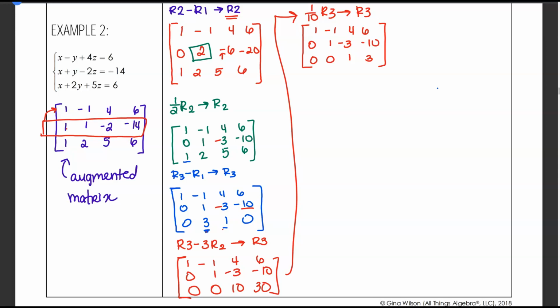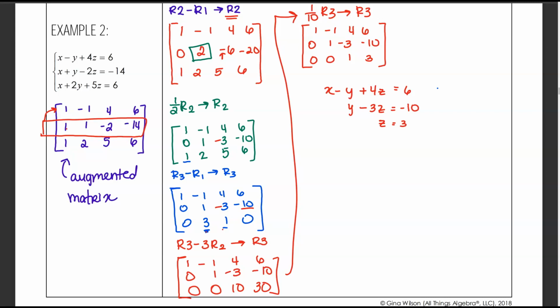Yay! All right, let's go ahead and write this out as the equations. So this would mean that I would have x minus y plus 4z equals 6, y minus 3z equals negative 10, z equals 3.